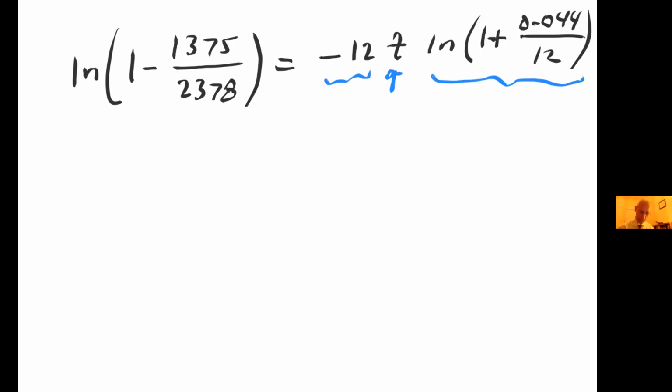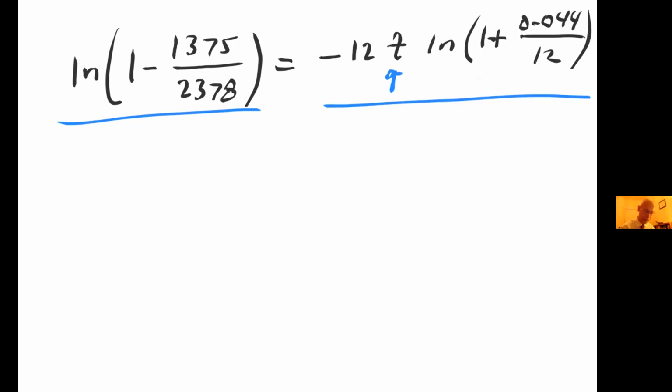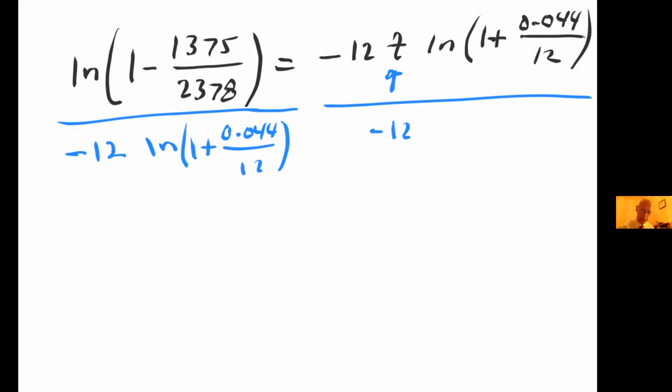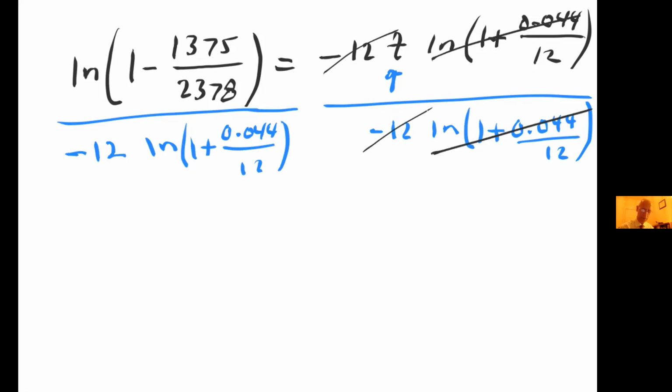So I'm going to divide both sides by negative 12 times the natural log of 1 plus 0.044 divided by 12. The negative 12 cancels, this cancels, and I'm left with t.